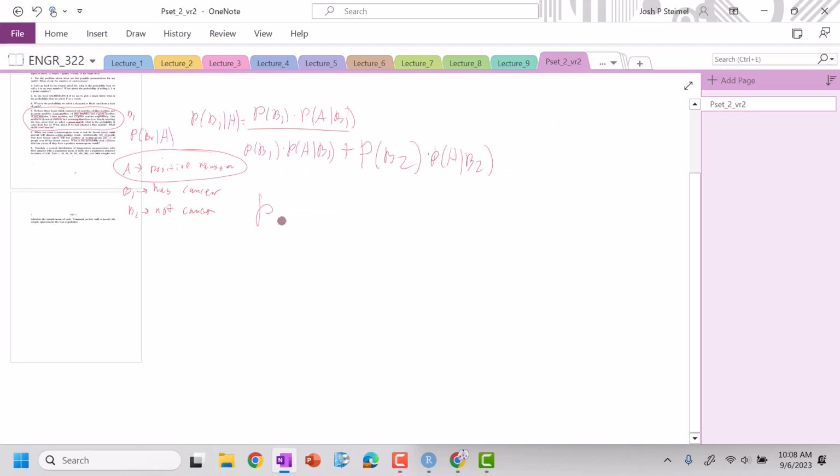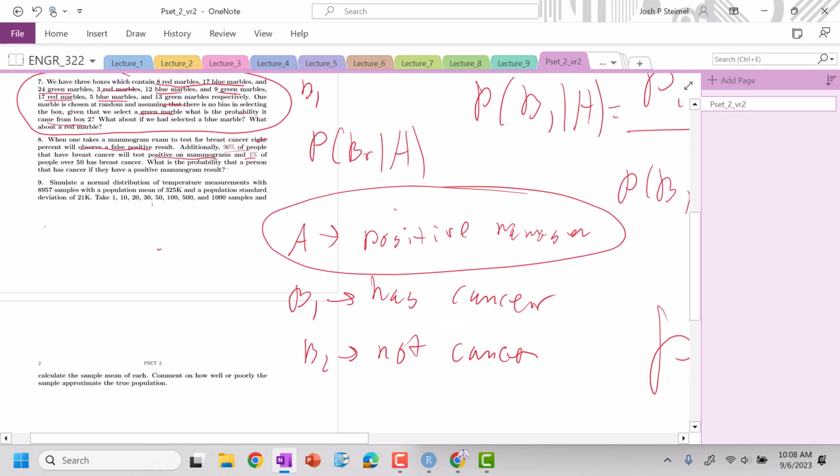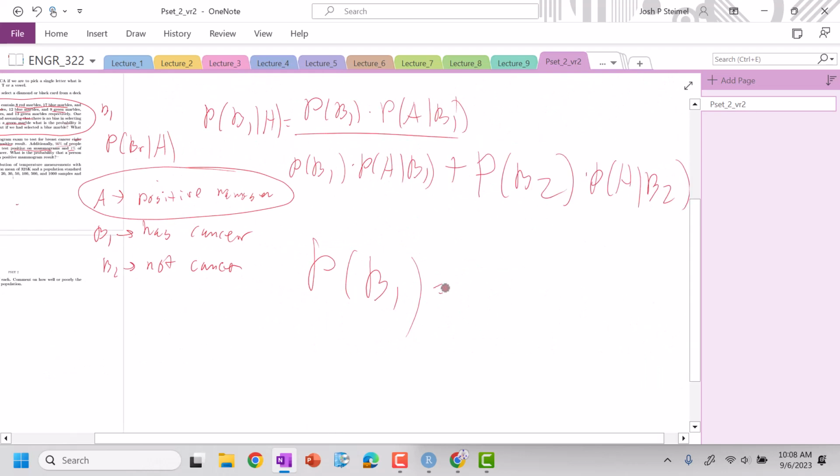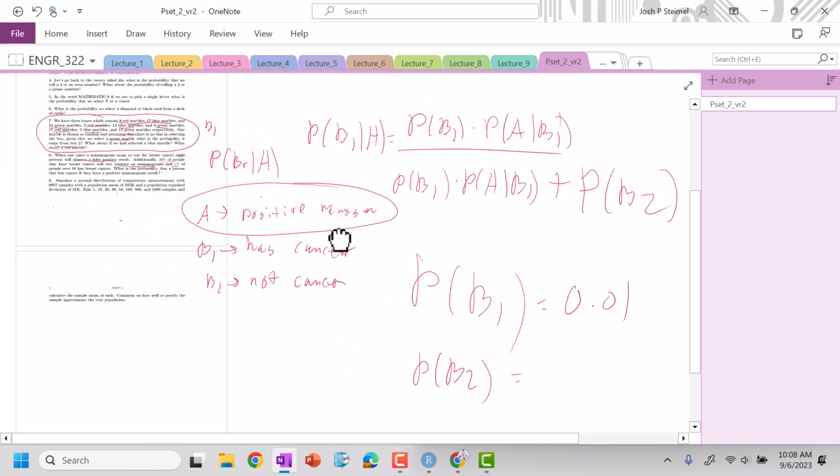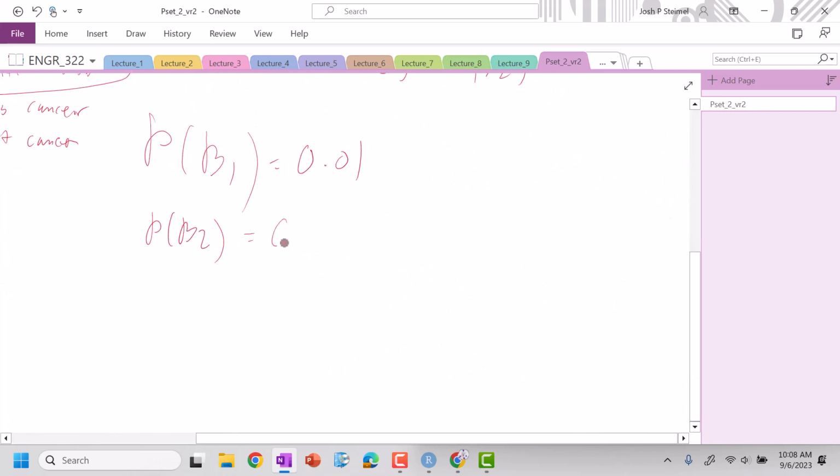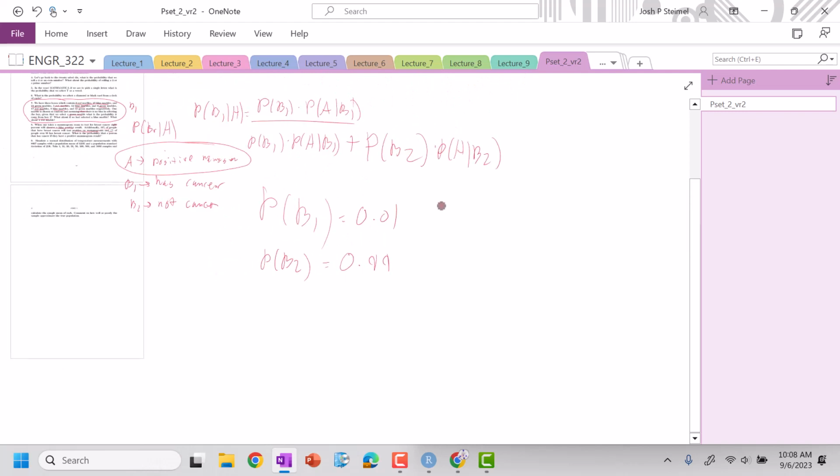Let's look at the probability that someone has cancer. We're given that for people above 50, 1% have cancer, so the probability of B1 is 0.01. What is the probability of B2, that they do not have cancer? That's 0.99. What about the probability of A given B1?